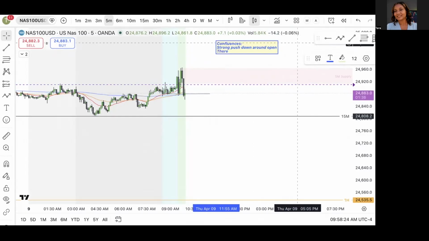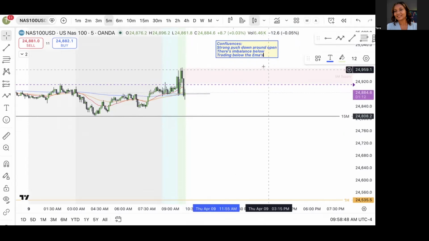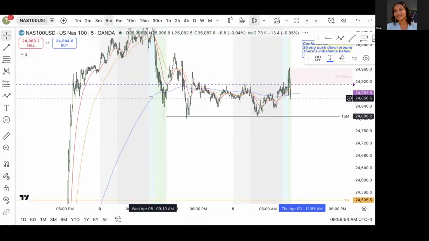There's imbalance below. We're trading below the EMAs. And now we have to wait for price to come back into the supply zone. So we've got our alert set and we'll wait.